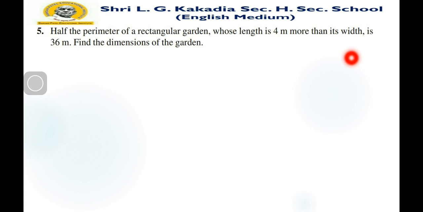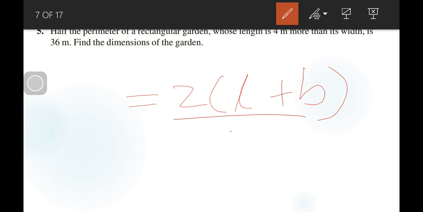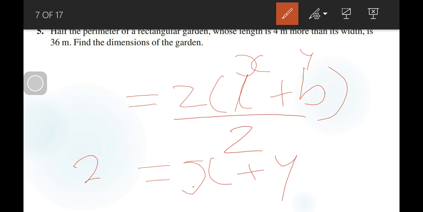We know that the perimeter of a rectangle is given by 2 into (L plus B), as we know, and here half the perimeter is given, so we divide by 2. Here we have taken x and y, so we get x plus y is 36, as given here.